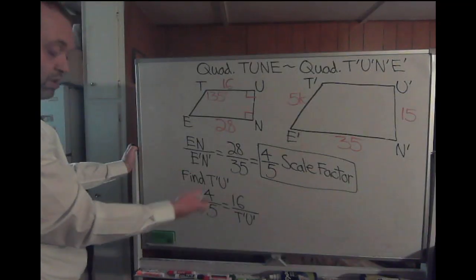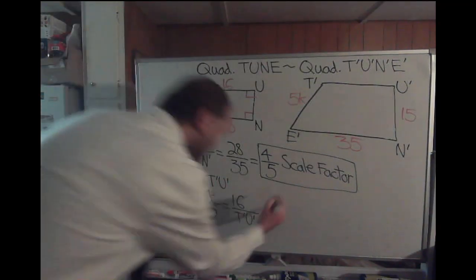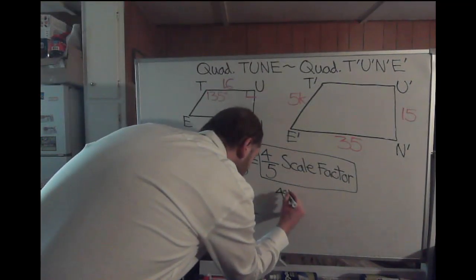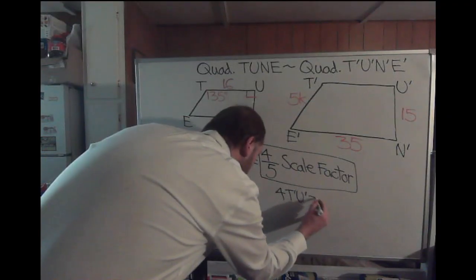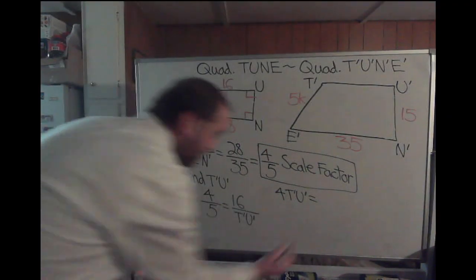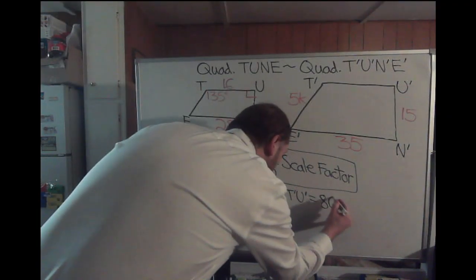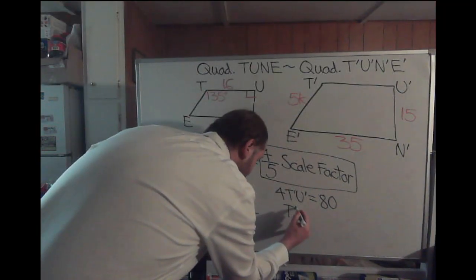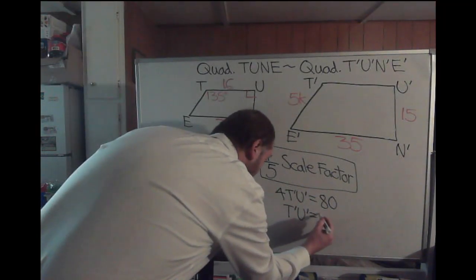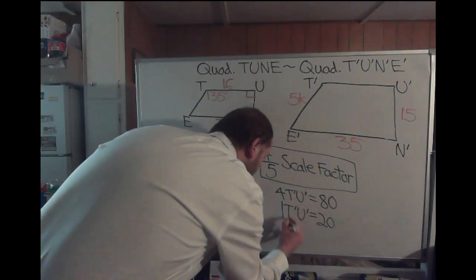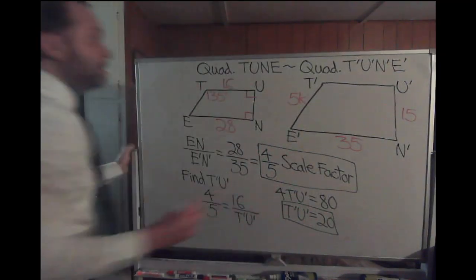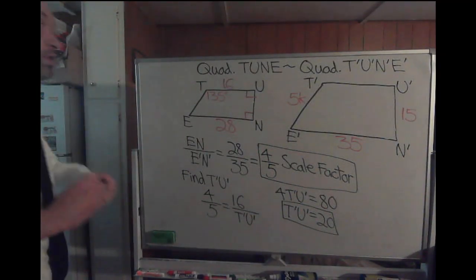So then you multiply the cross products and do all that, you should end up getting 4 T prime U prime equals 5 times 16, which would be 80. Which then could only mean that T prime U prime would have to equal 20. So the length of T prime U prime is therefore 20.